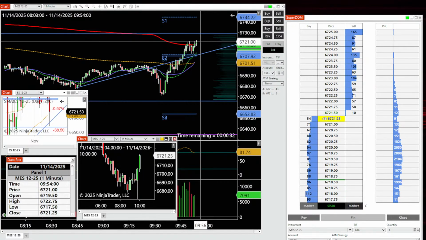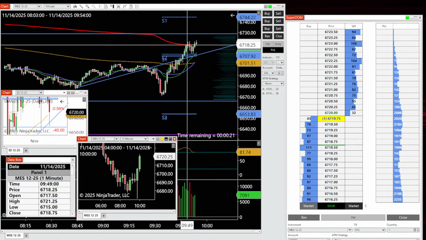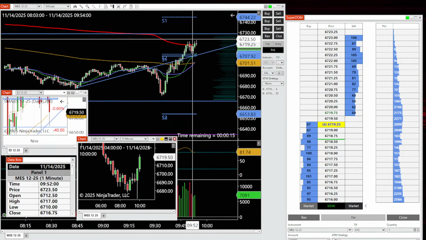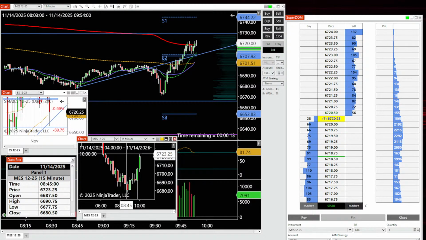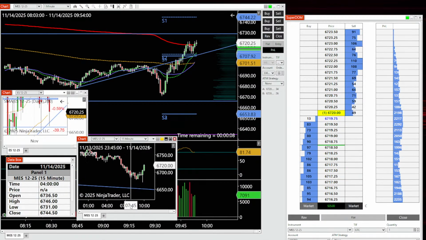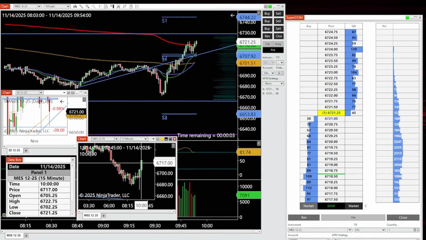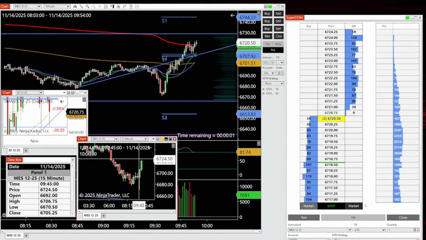So let's see if it keeps going. Just took some shorts at a certain resistance level for a quick pullback. So right now 20, 22.75.